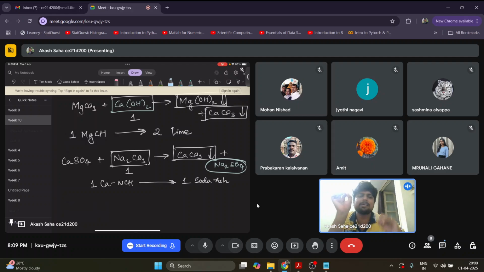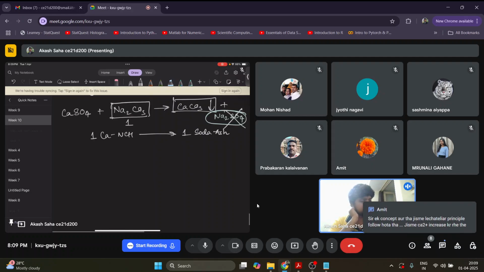We are removing hardness with the help of lime and soda. Na2SO4 will not cause any hardness. So we are not concerned about it, and we let it stay in that form. So no further calculations here.